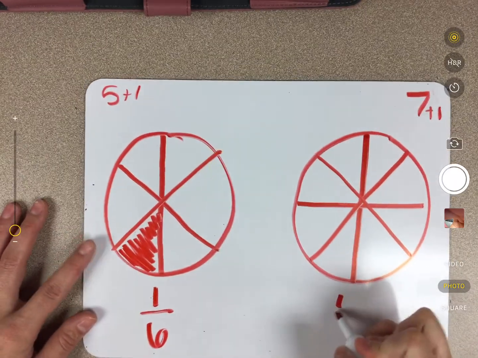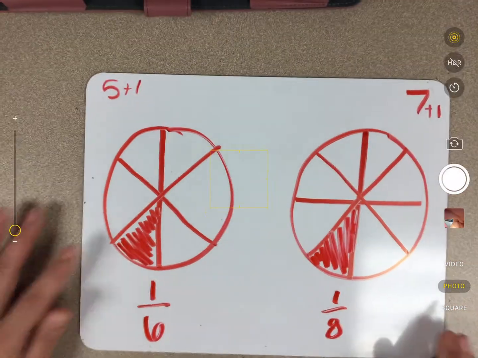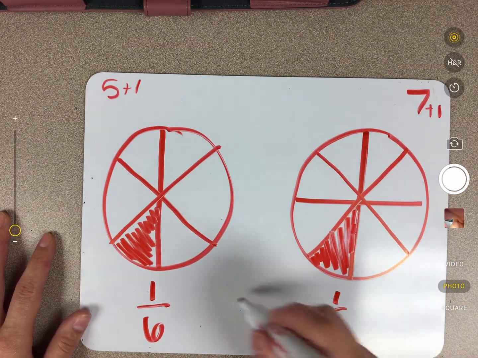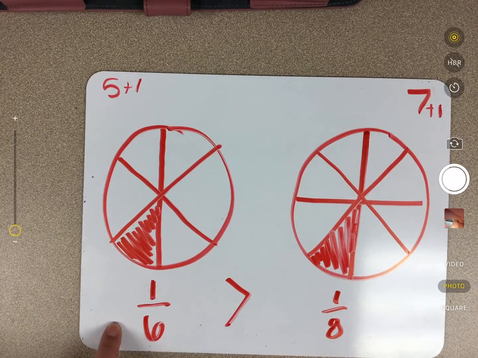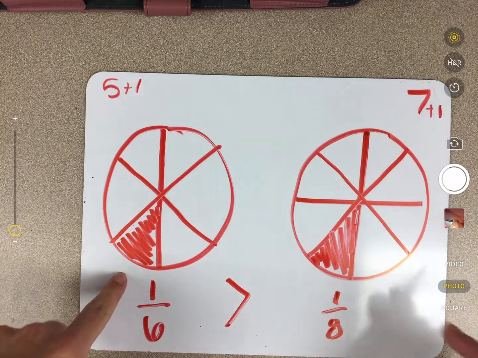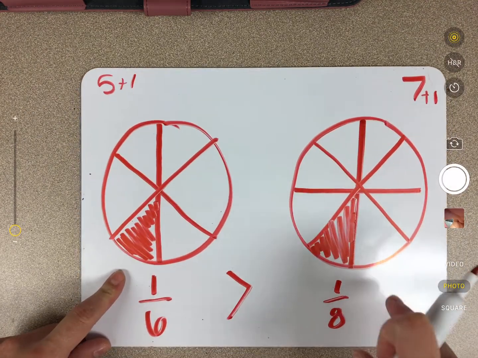Or she would get 1/8, 1 of 8 pieces. Which pizza slice is bigger? 1/6. Because there were fewer friends, they got bigger slices of pizza. And in this one, there are more friends, so they got smaller slices of pizza.